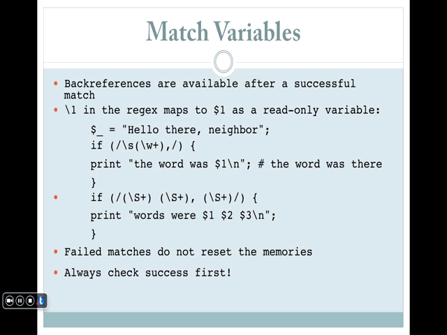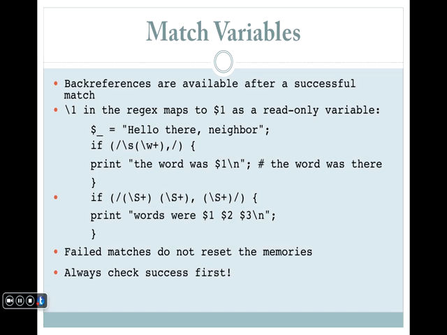So actually \1 in the regular expression is the first back reference, and will map to the variable $1, which is available for us to be used by Perl. First I will start with the phrase hello there, comma neighbor. We'll put in the $_ the string hello there, comma neighbor.